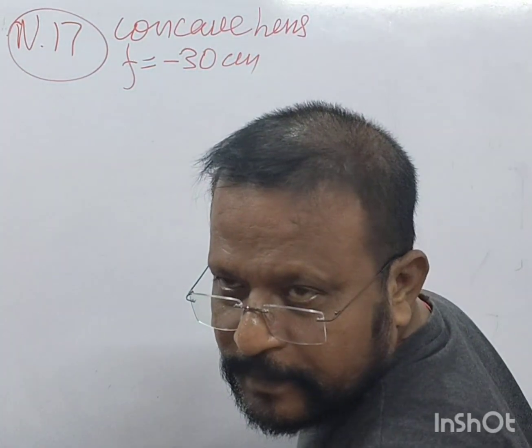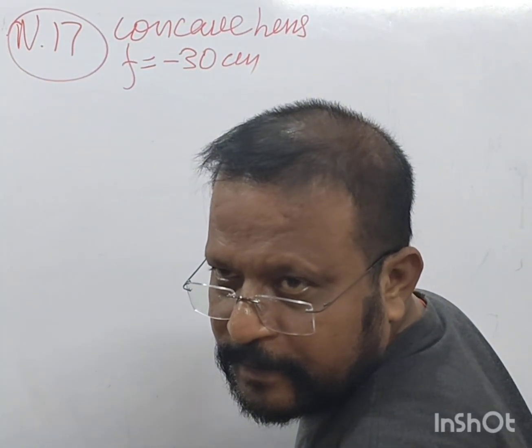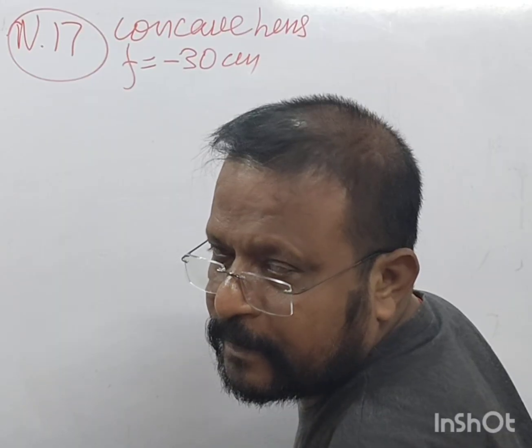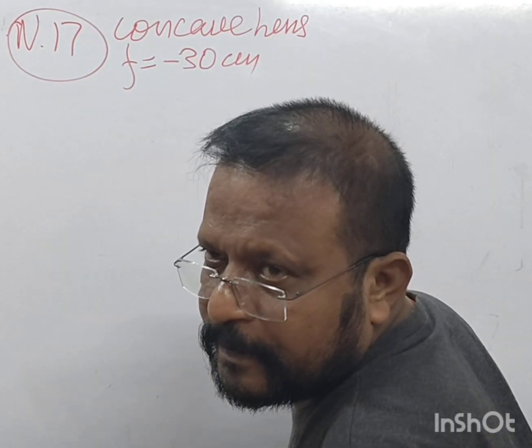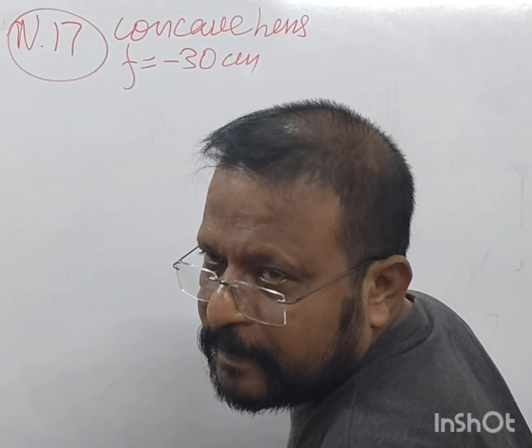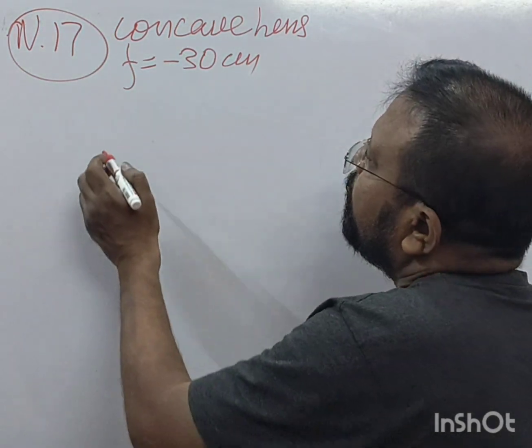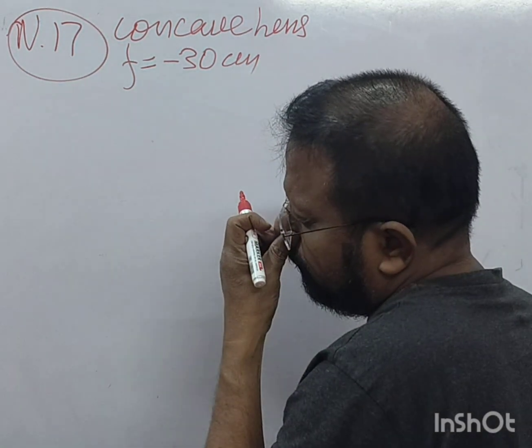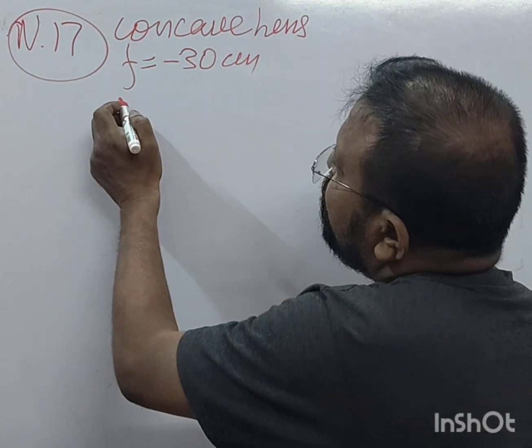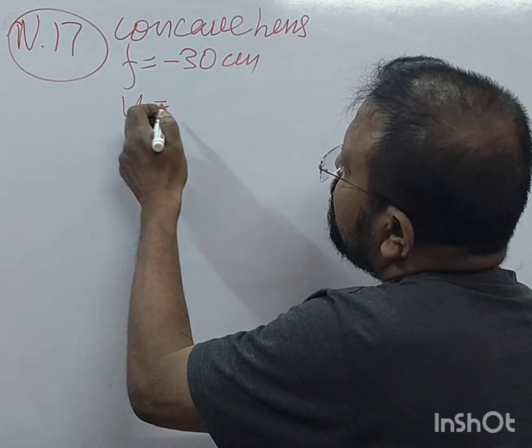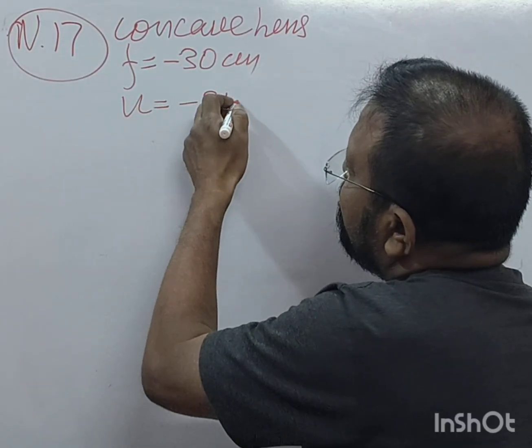Find the position and magnification of image for an object placed in front of it at a distance of 30 centimeter. U is minus 30.